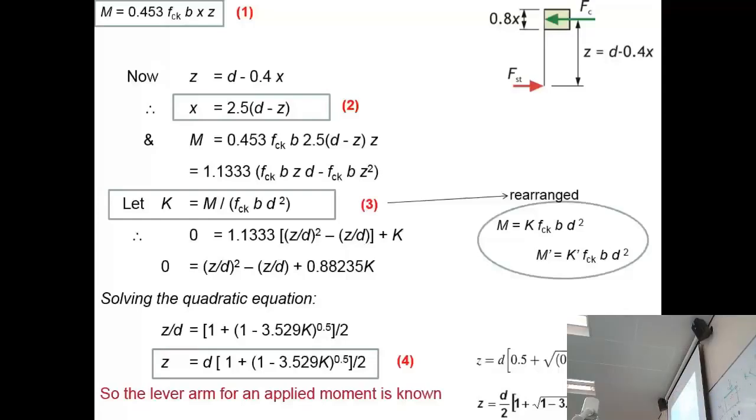So again, once you know what the moment is, and once you know what your concrete is and the dimensions, you'll end up with a value of K.